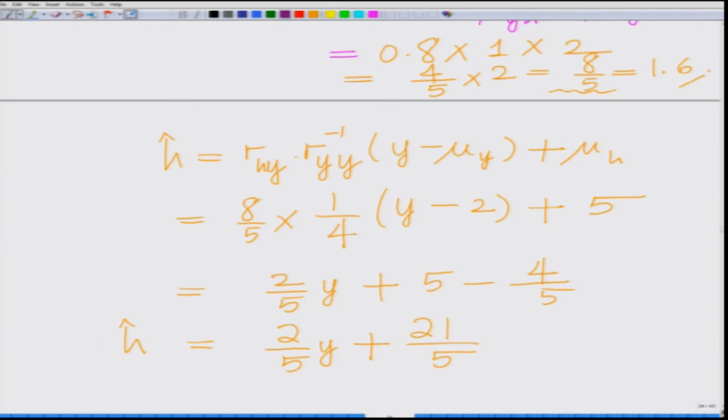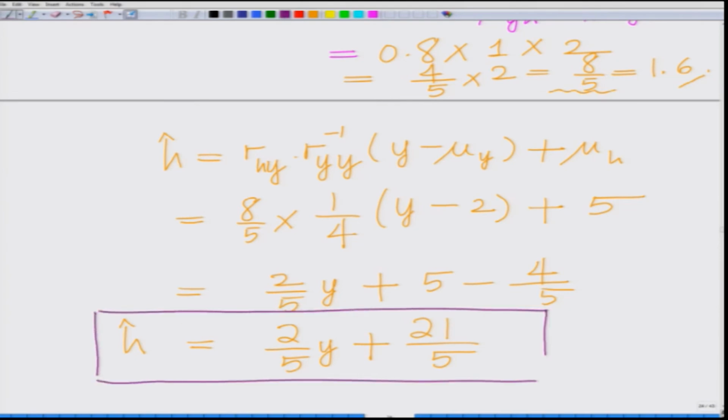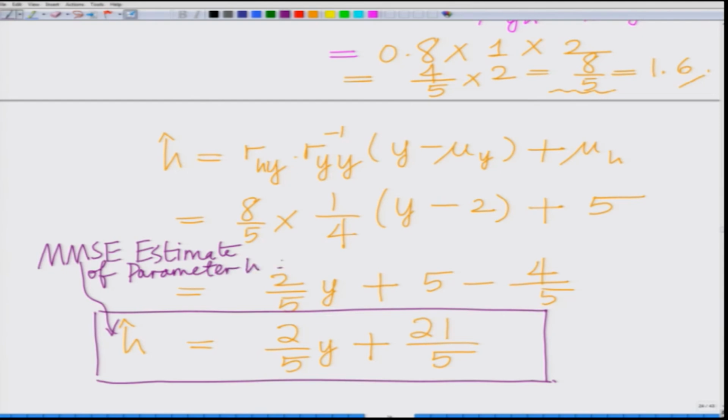This is basically your MMSE estimate of the parameter h.